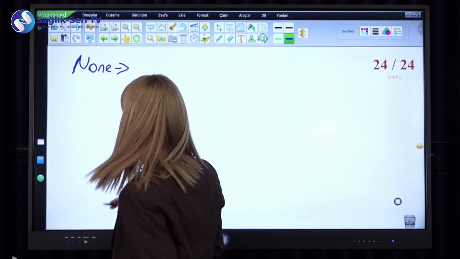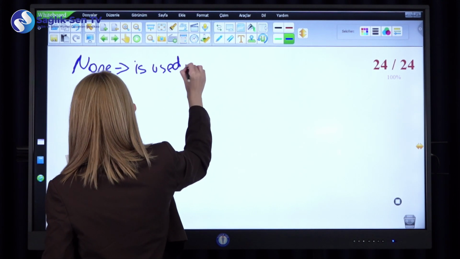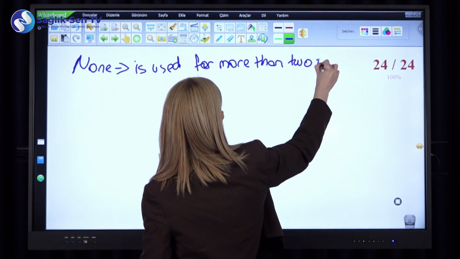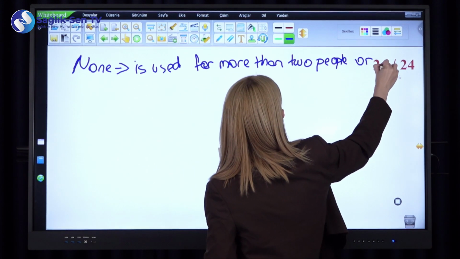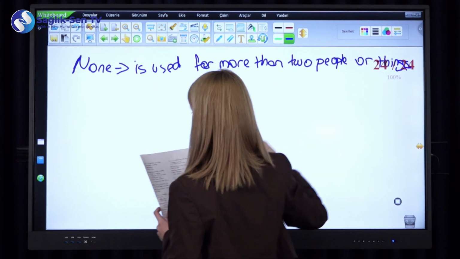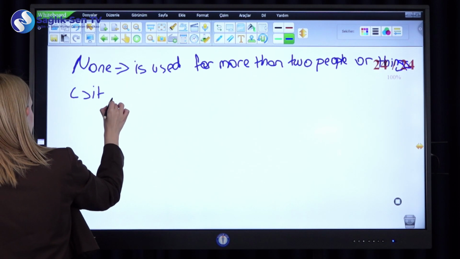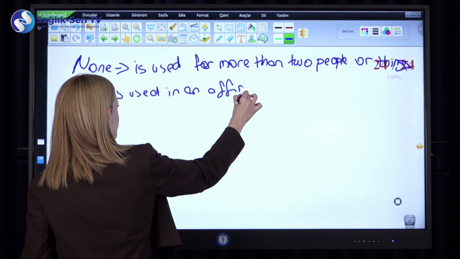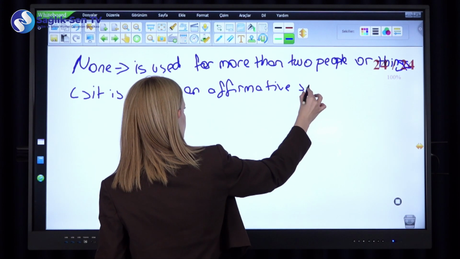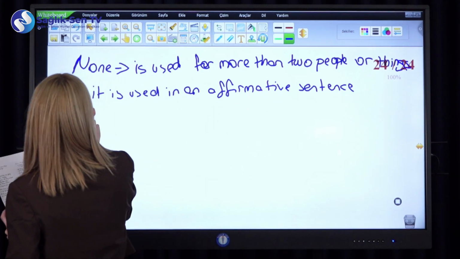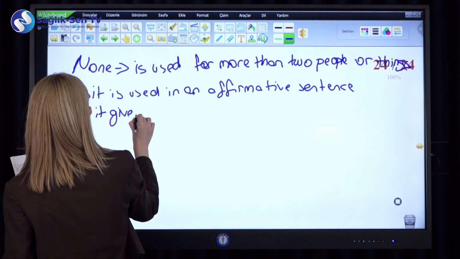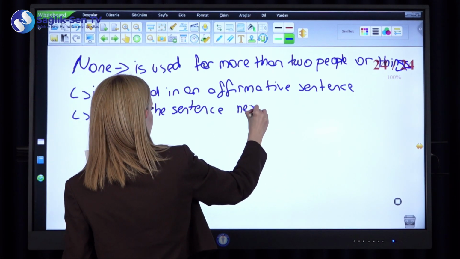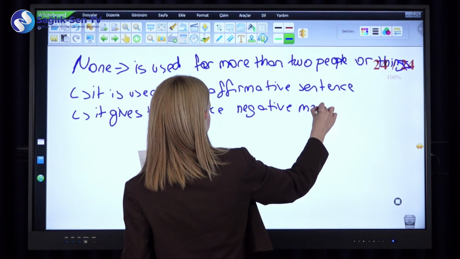And none is used for more than 2 people or things. It is used in an affirmative sentence but it gives the sentence a negative meaning.